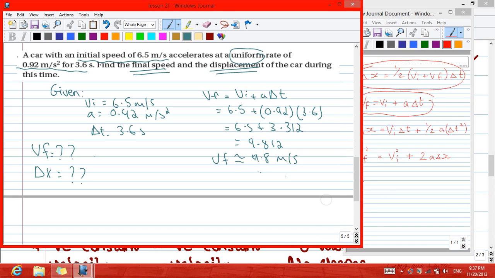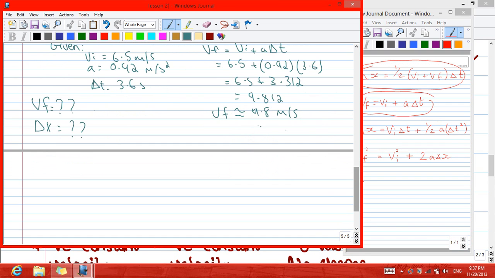So here we're going to use the first one in this part. So we know that delta x equals half times Vi plus Vf times delta T. So half times 9.8 plus 6.5 times 3.6.